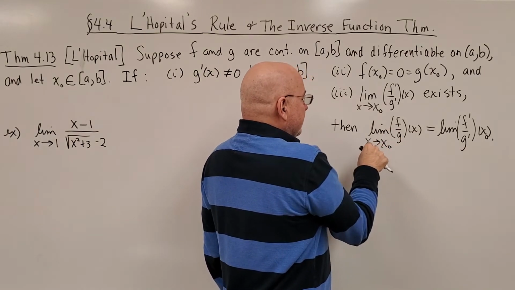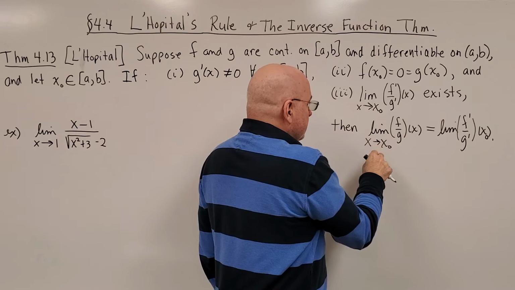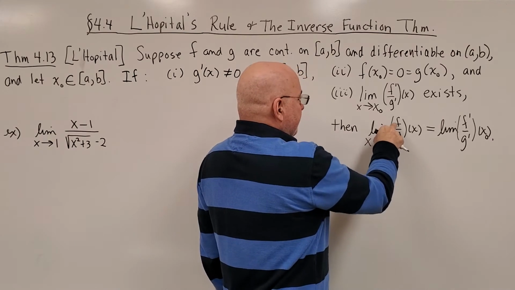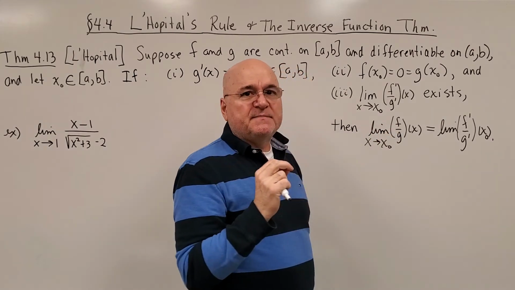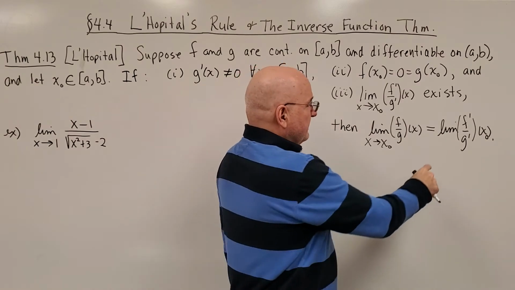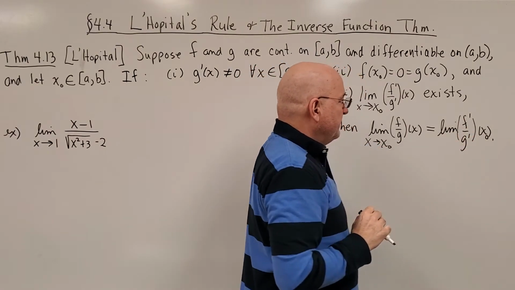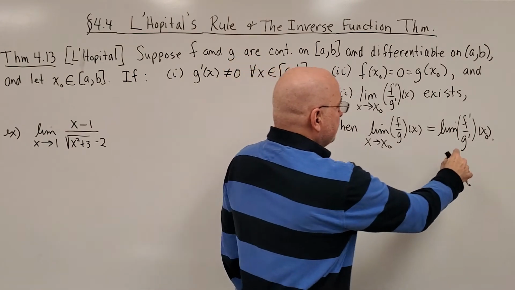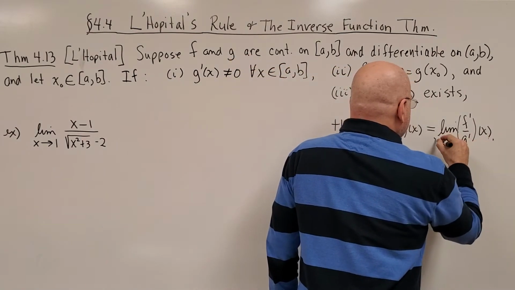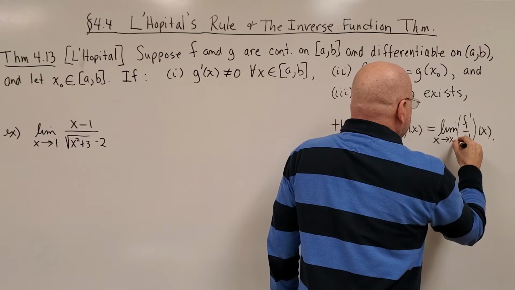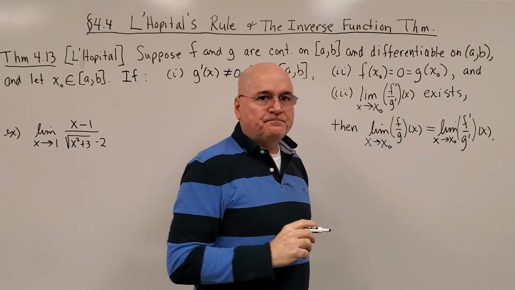So if we want the limit as x goes to x naught of f over g, we can simply obtain, if it exists, the limit of f prime of x over g prime of x as x goes to x naught. Oops, I guess I wrote that wrong.